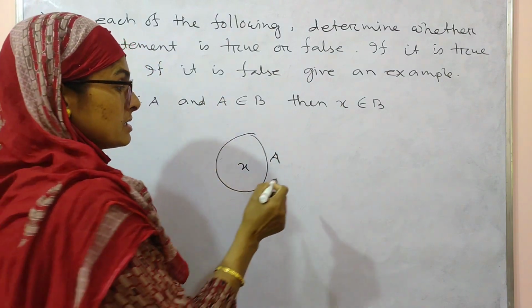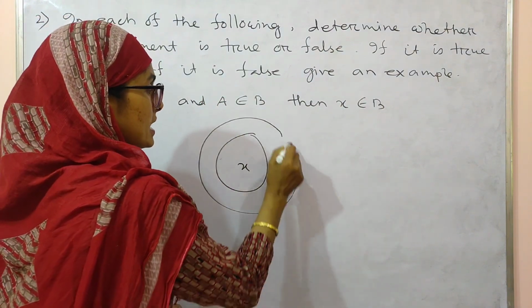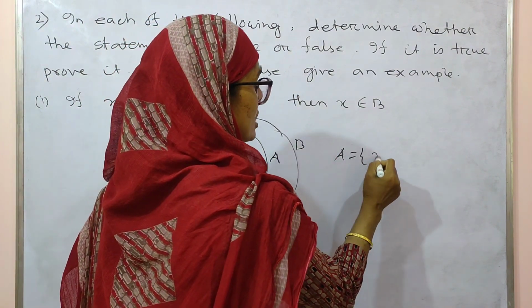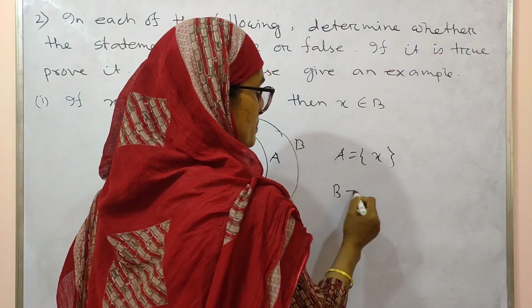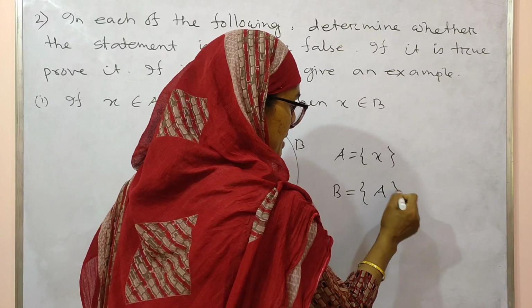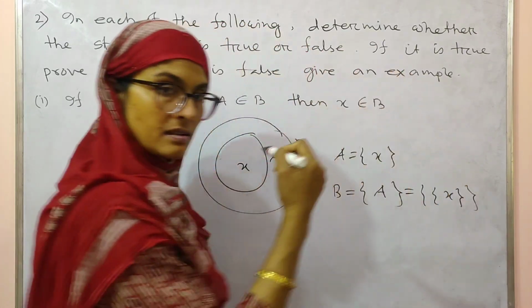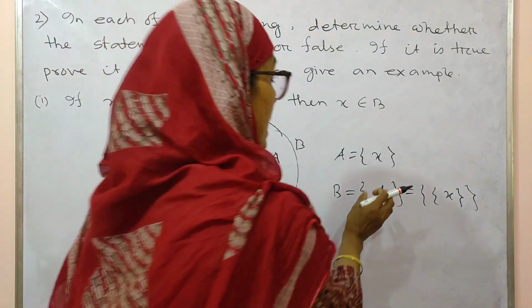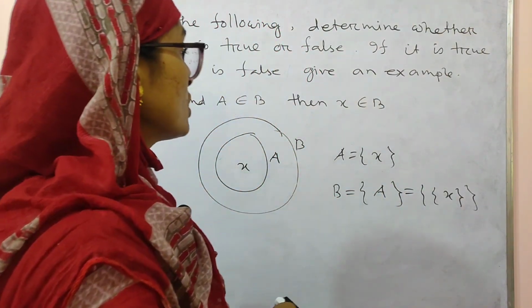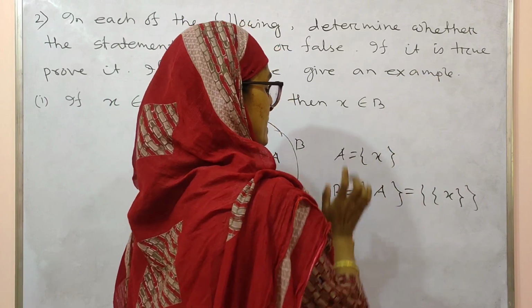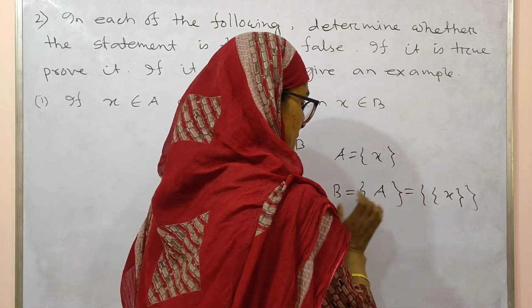This set A is also an element of B. That means A has only x, and the set B has the element A. Then does x belong to B?